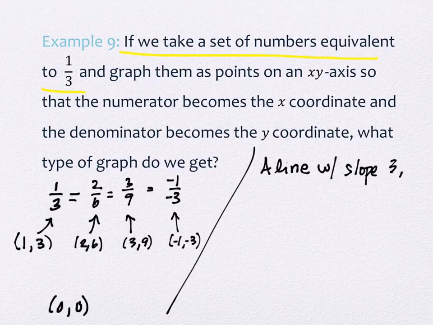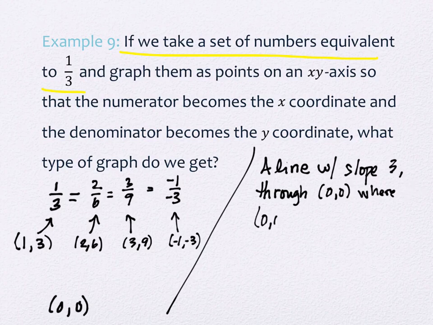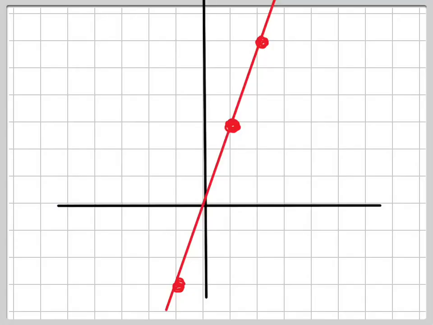So this one would actually be a line with slope 3 through 0, 0, right, through the origin, where 0, 0 is a hole in the graph. It will not have that ratio, but every other point that you could choose, even the ones that are in between and so forth, right?